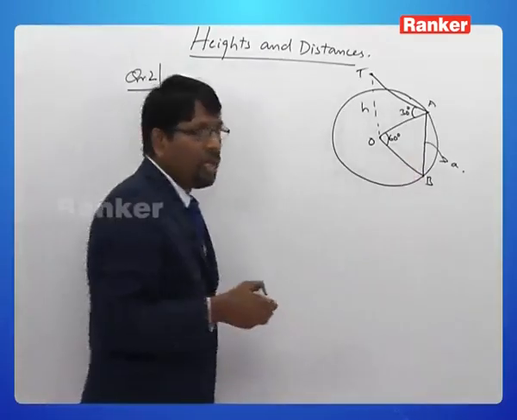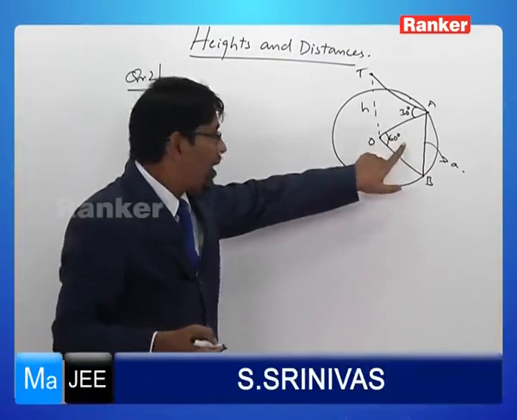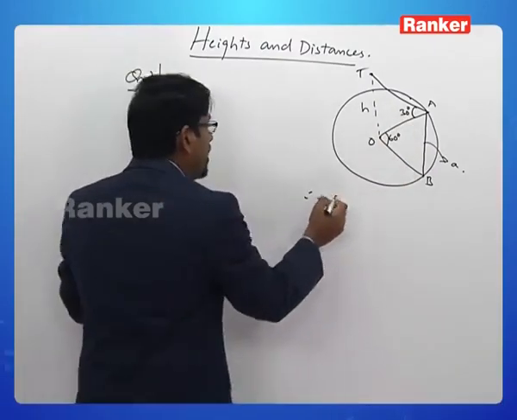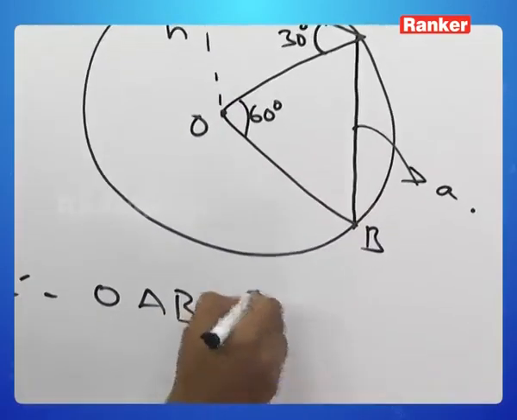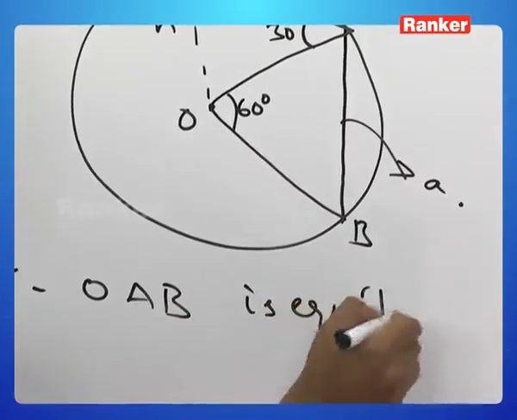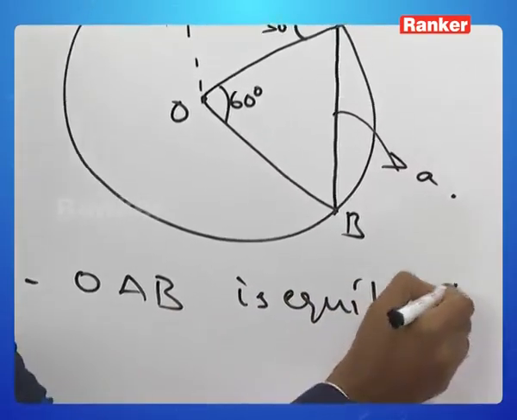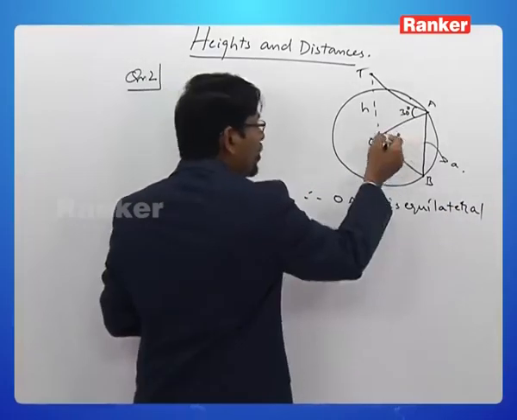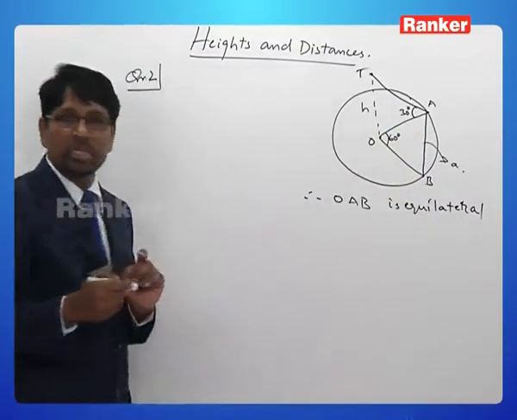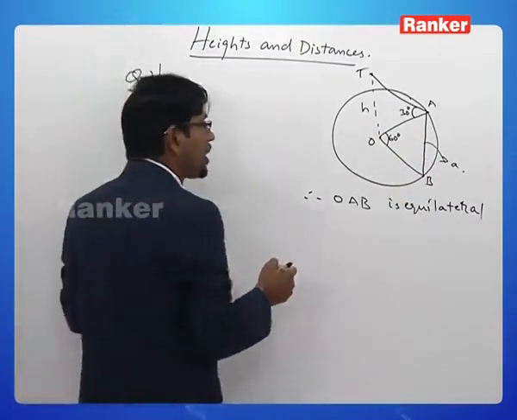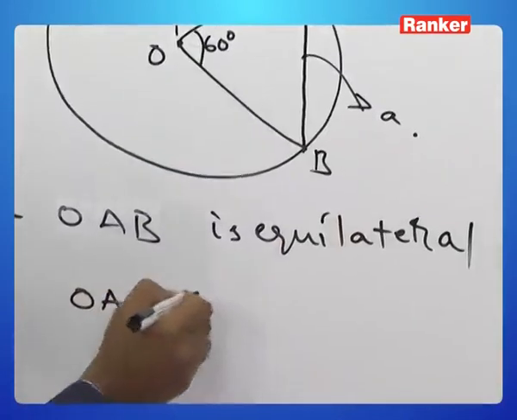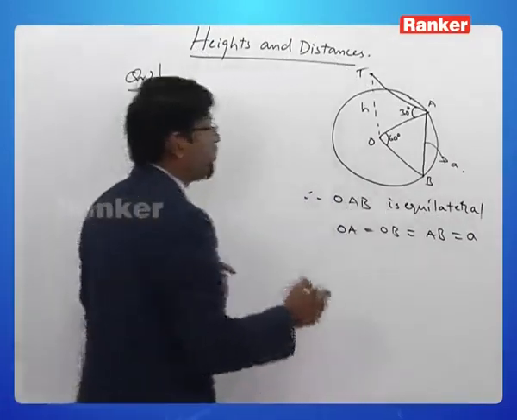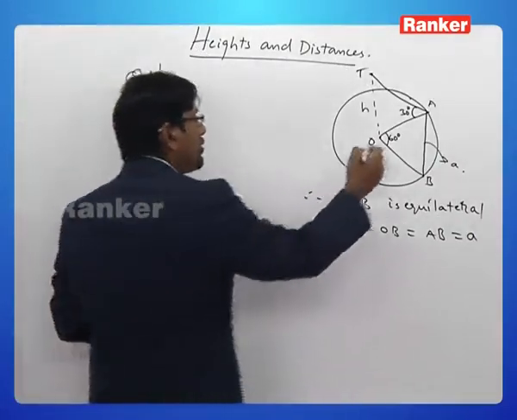AB side is length a, and the angle included between the equal sides is 60. Therefore, the triangle OAB is clearly equilateral. So OA is equal to OB is equal to AB, and what is AB given to be? a.